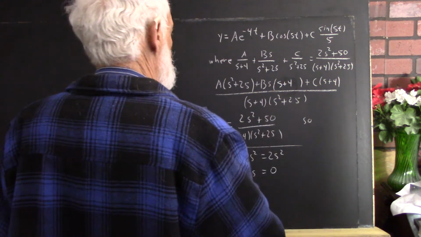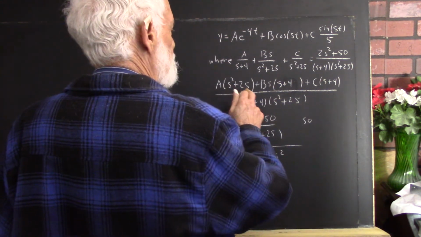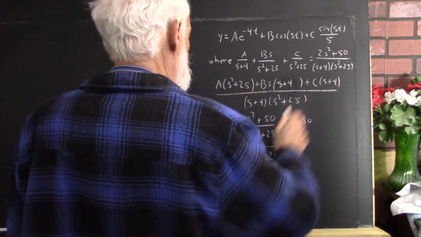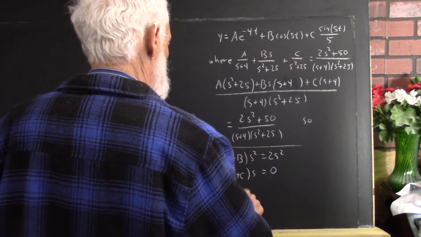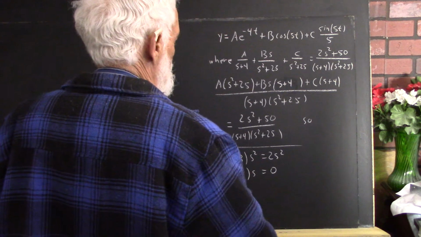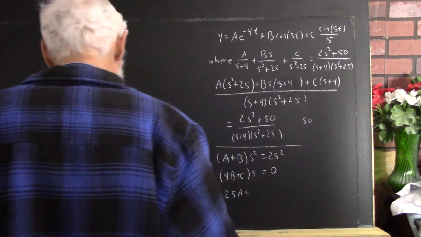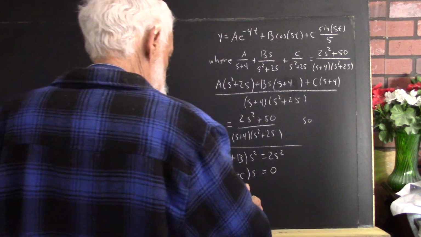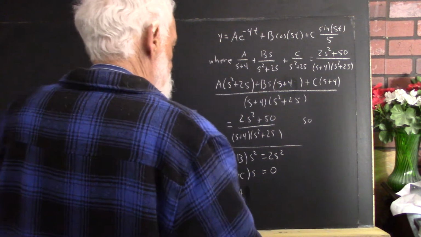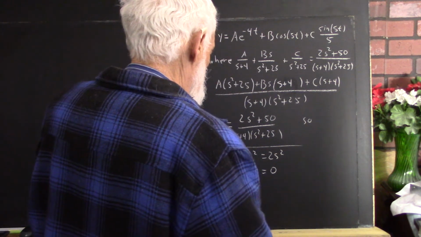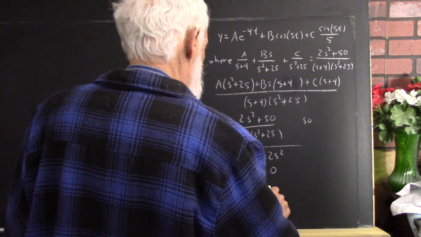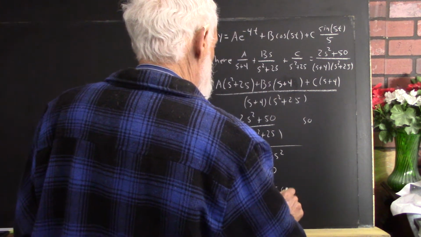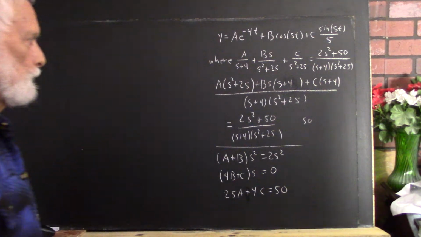Then we have a times 25 plus c times 4 equals 50.